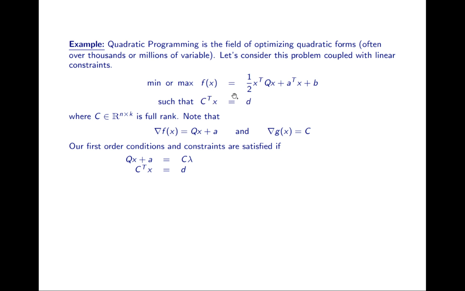And of course, our feasibility conditions are satisfied if C transpose x is equal to D. Of course, we could rearrange a little bit by subtracting this and subtracting this.